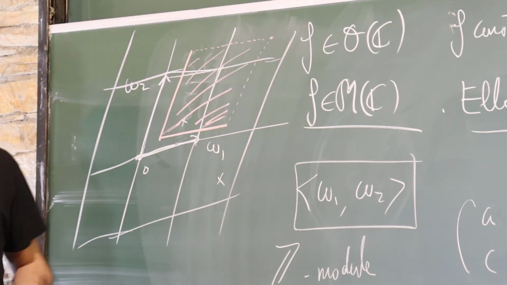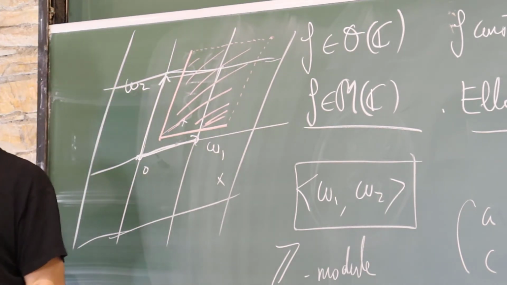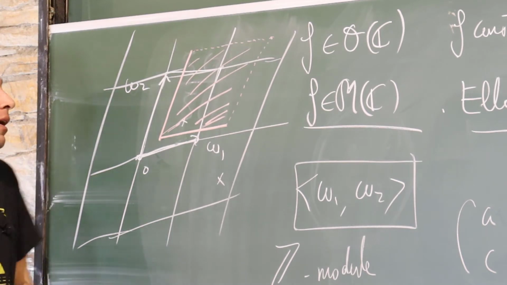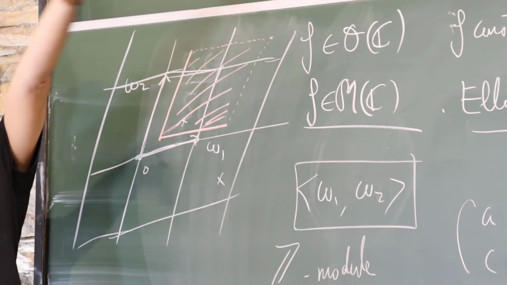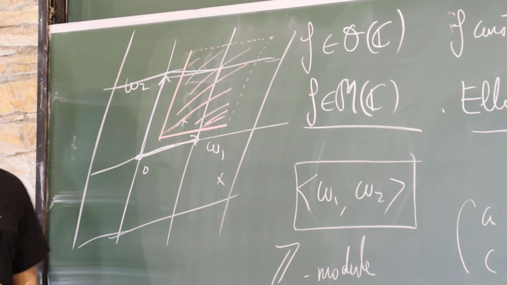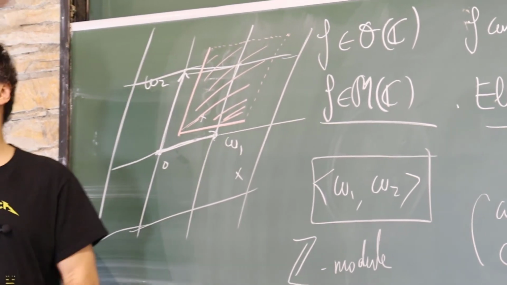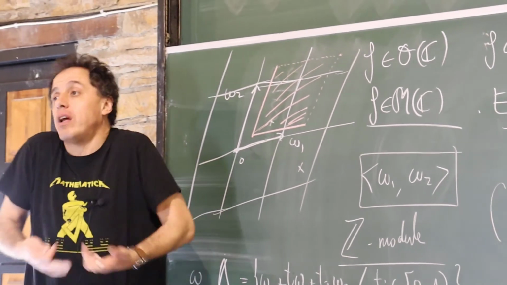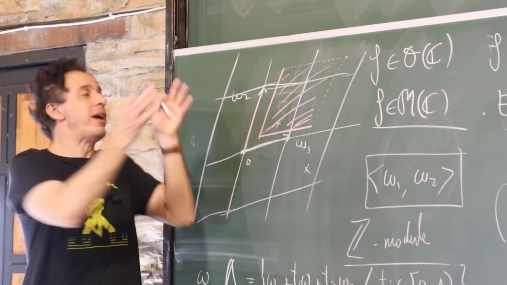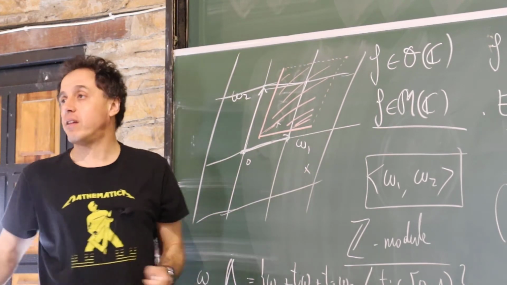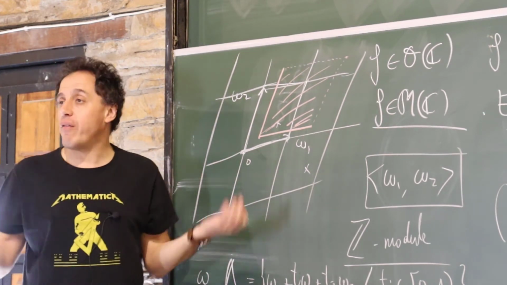Okay? By the double periodicity, what happens in any fundamental parallelogram is the same as what happens everywhere. So in order to study the behavior of any elliptic function, we only have to study the behavior on any fundamental parallelogram. After that, the function is replicated everywhere.